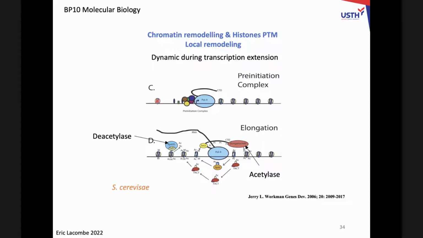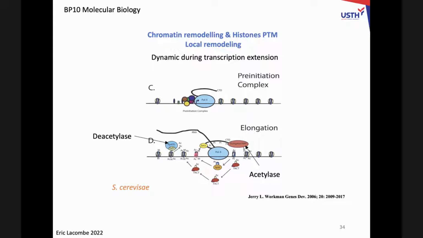So what's happening in order to have transcription elongation? Look at the small drawing: heterochromatin with the round balls, on the right, sorry, at the beginning. When RNA pol starts, this black line is the new RNA which is synthesized by Pol2. There is local decompaction.